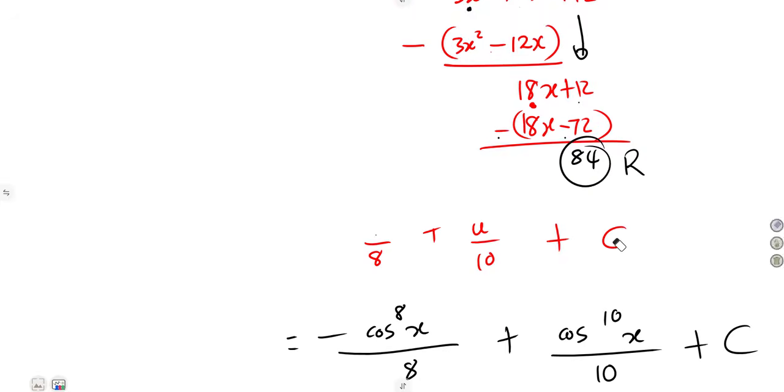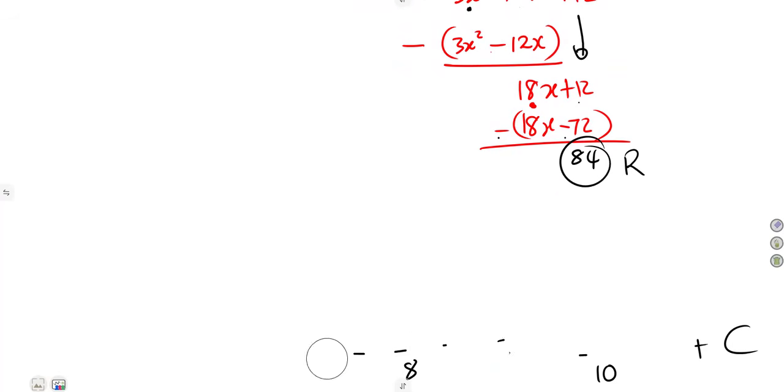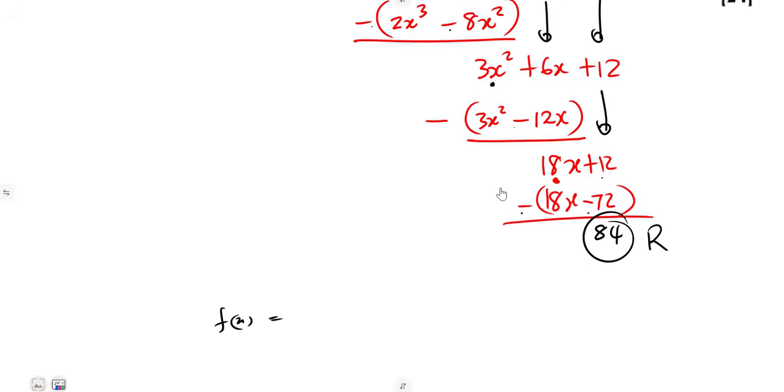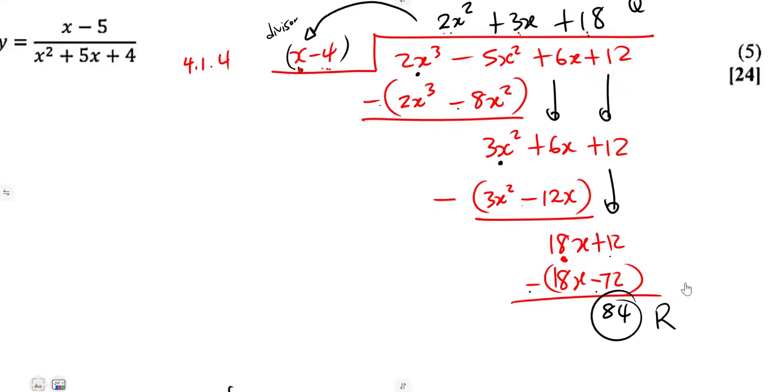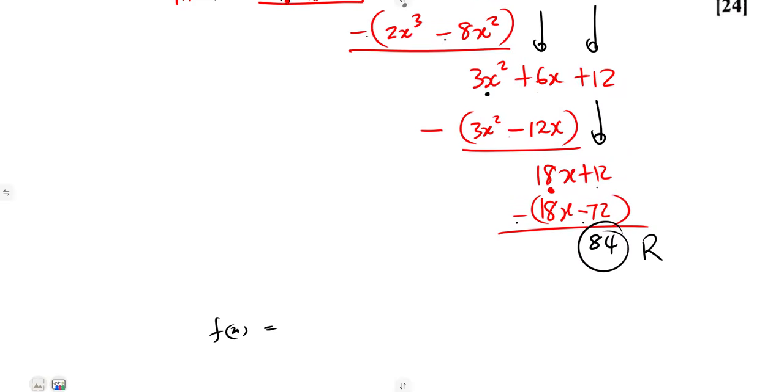Our f of x is going to be represented by the divisor. All right, let me just write the formula. Sorry, we're going to start with q, which is our quotient, plus the remainder over our divisor.